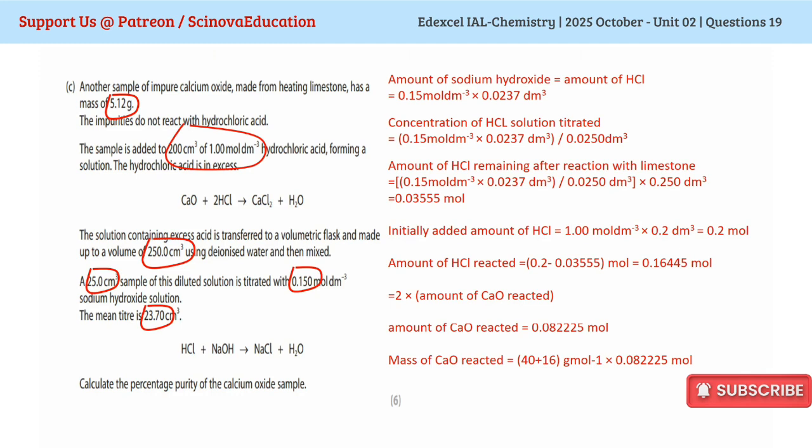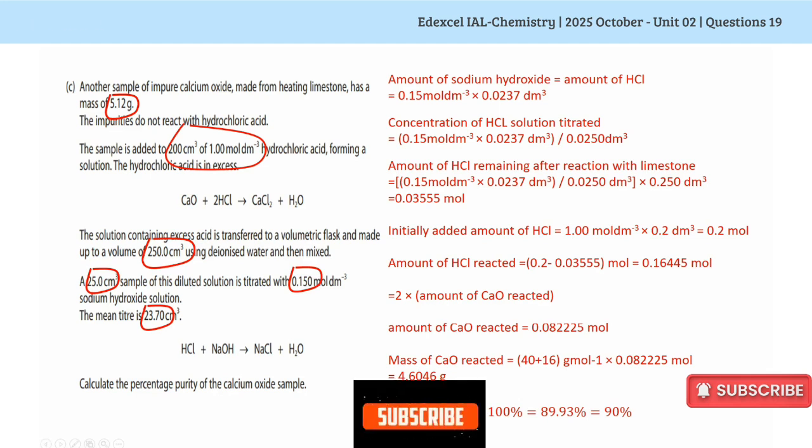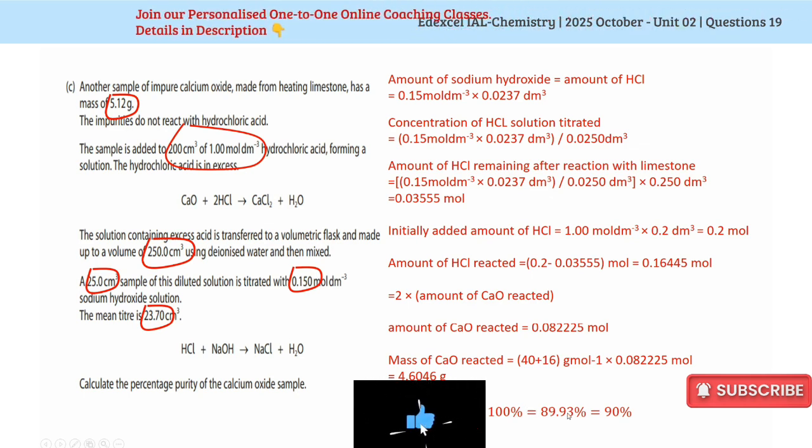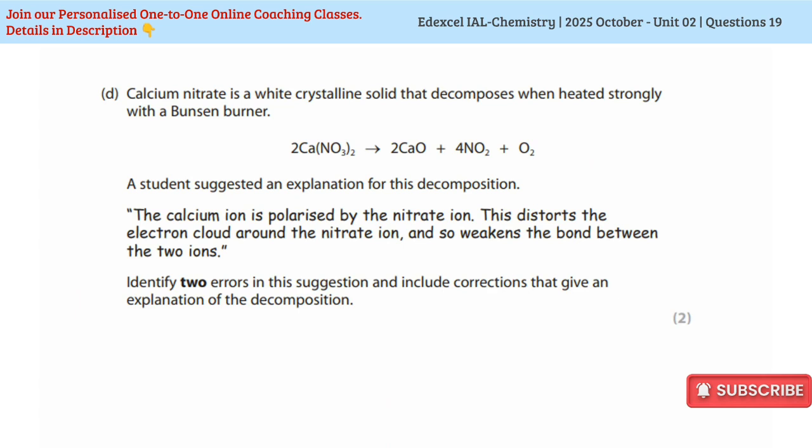And that is the mass of calcium oxide in this 5.12 mass of impure calcium oxide. So to get the purity, we can divide this mass of calcium oxide reacted by the mass of total sample and multiply with 100. So the answer I get is 90% or 89.93%. Quite pure sample.